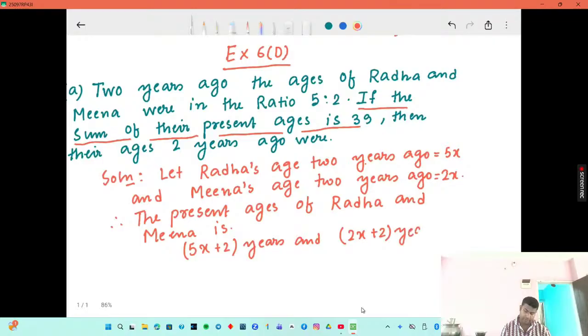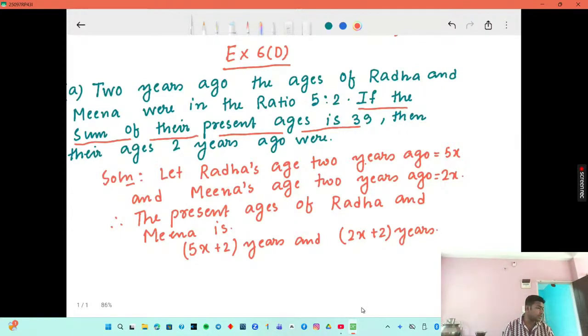Is it okay? To find the present age, we just add 2 to the ages 2 years ago of Radha and Meena.